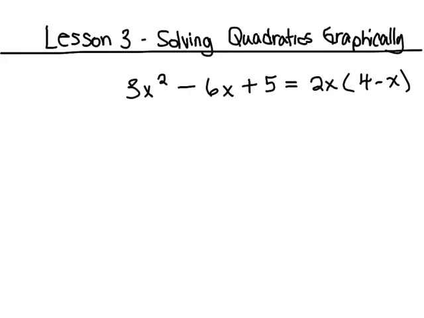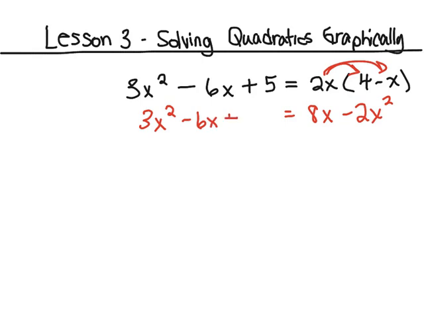So first we're going to rearrange into standard form, because sometimes it's easier to graph and you need to be able to graph from standard form. To do this, we're going to distribute into our brackets. So we have 8x minus 2x squared, and then we're going to move everything to the other side.